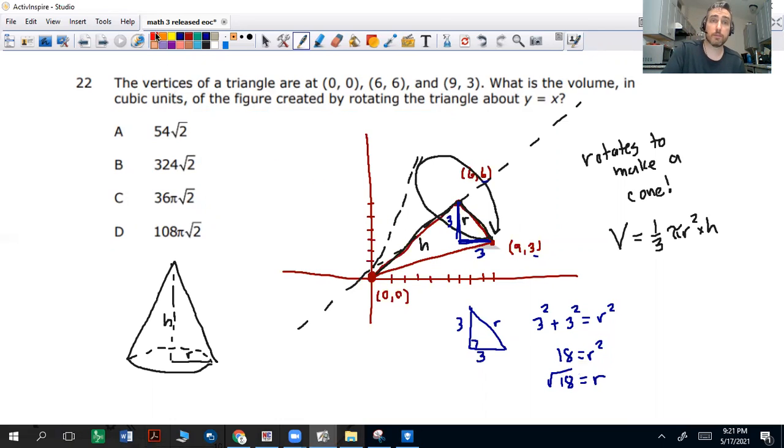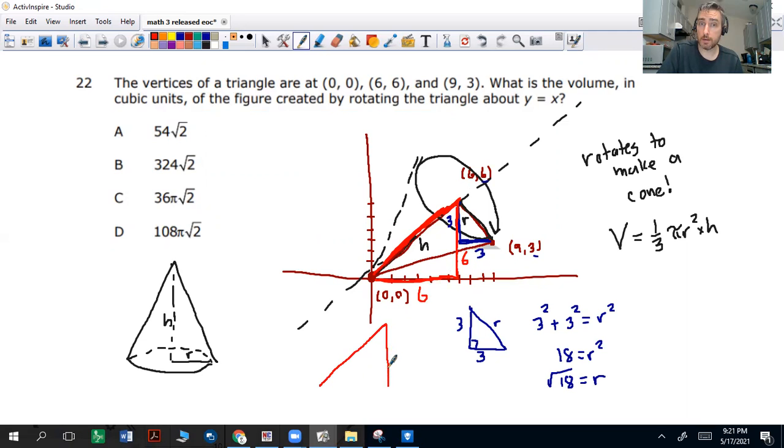Now let's look at our height. Let me exaggerate this a little bit. That distance right there represents your height. It's going from (0, 0) to (6, 6). We can again do another right triangle here. This one's a little bit easier. This is going to go 6 to the right and 6 up.